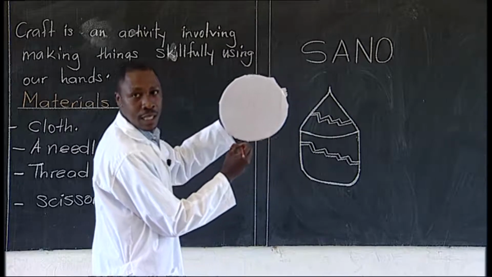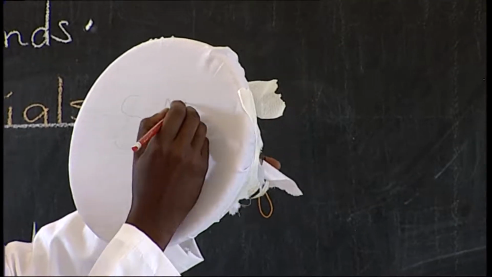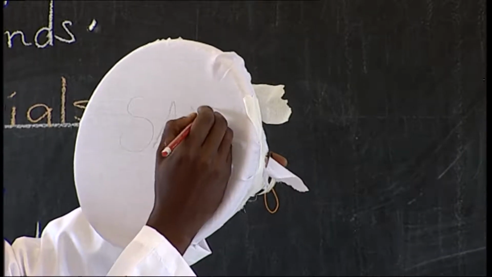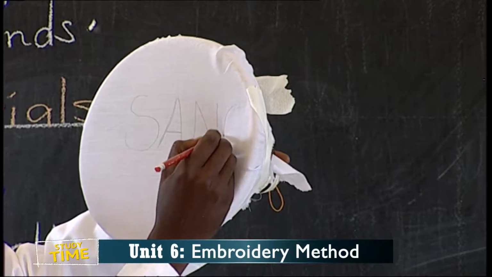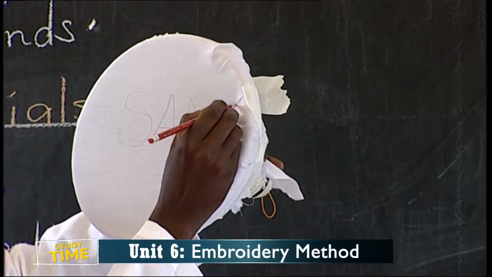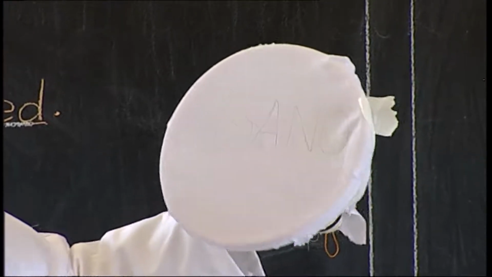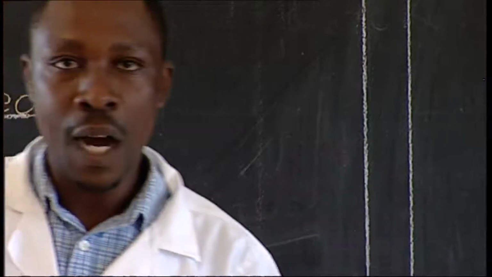Write the word Sano. Do you know Sano? Good. Write the name Sano, like this. This is our name here. Then get your needle. This one. Get your needle. It's here.